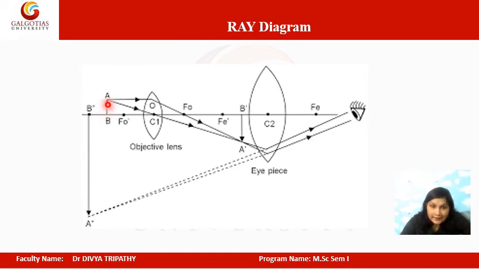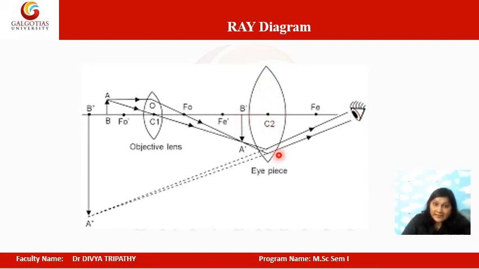You can see the light rays are passing first through the objective lens and will make an image at point B dash A dash. You will get the picture of AB over here as an image A dash B dash. Now this image will act as an object for the eyepiece that is mounted in an optical tube and which is closer to the eye of the observer.